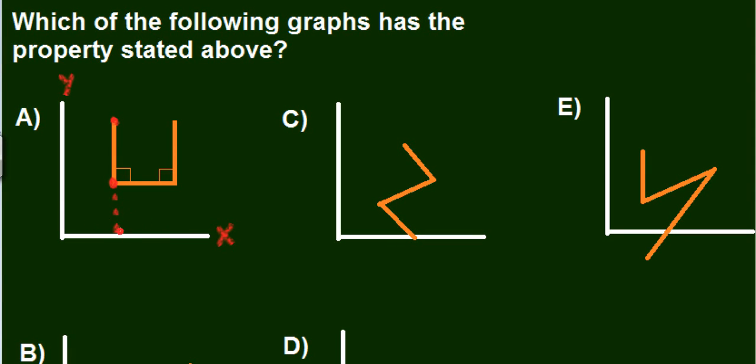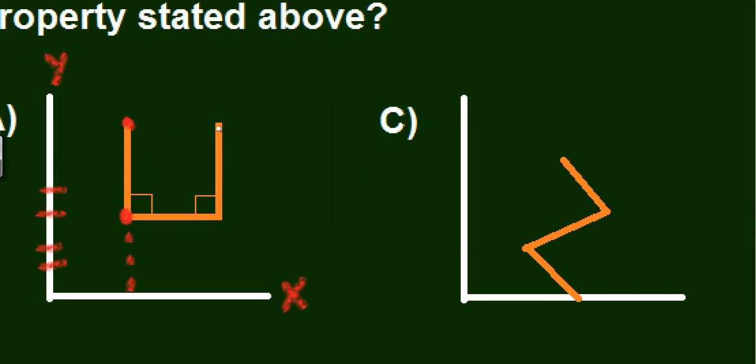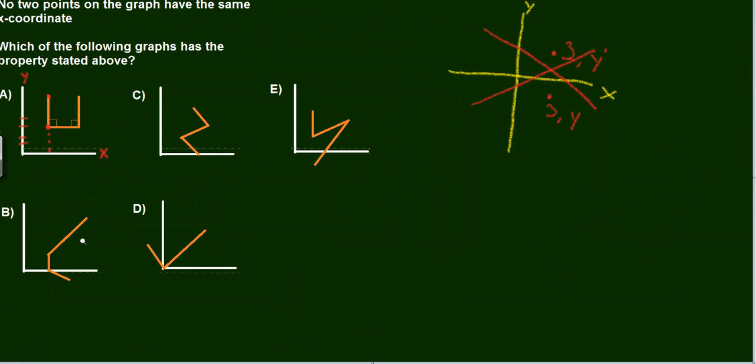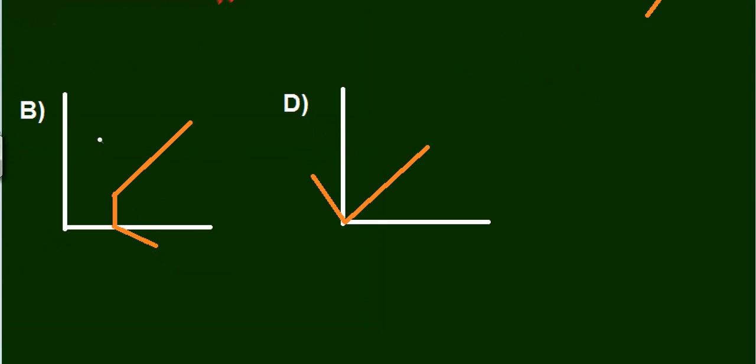I don't really need to put the tally marks on this one you could normally see on a graph, because it's pretty clear to me that these two have the same x points. Okay? So let's move on to the next one. Alright, so we can rule A out. We're going to go on to B.